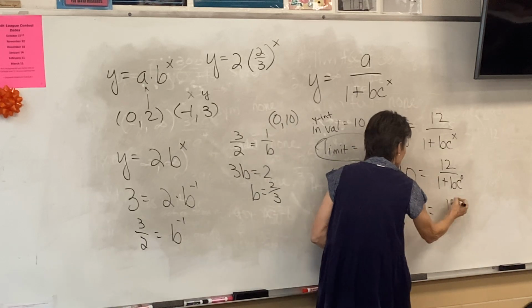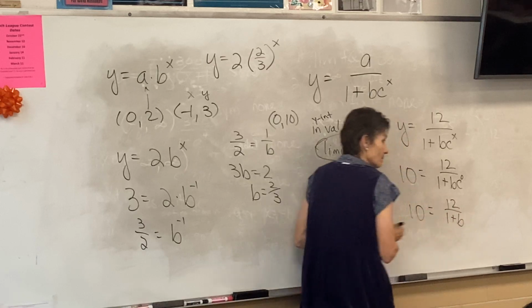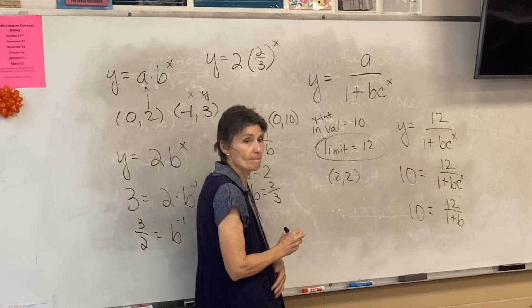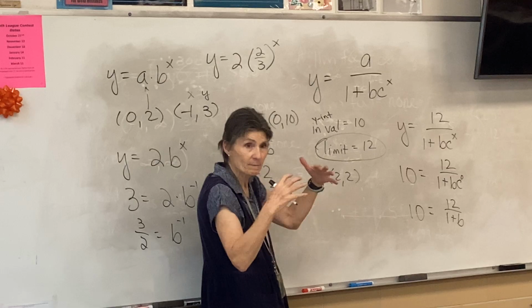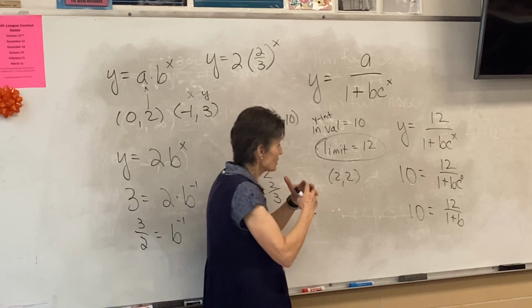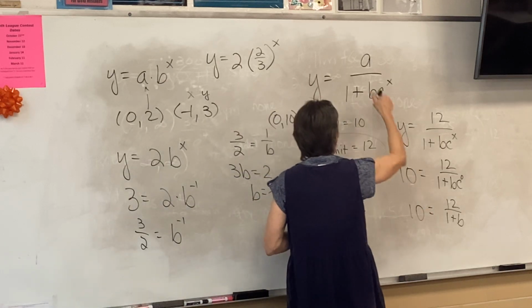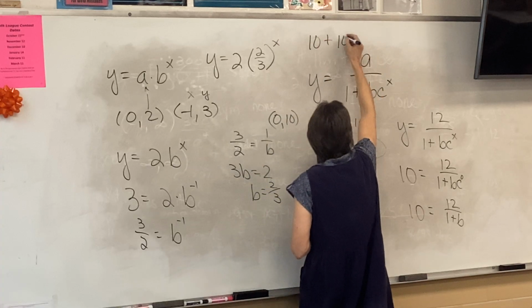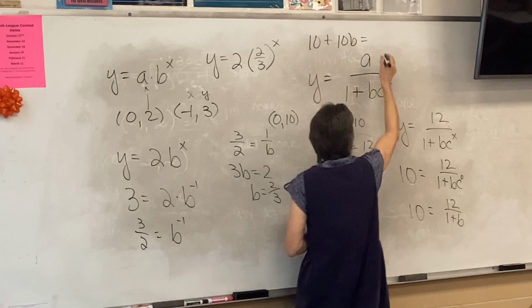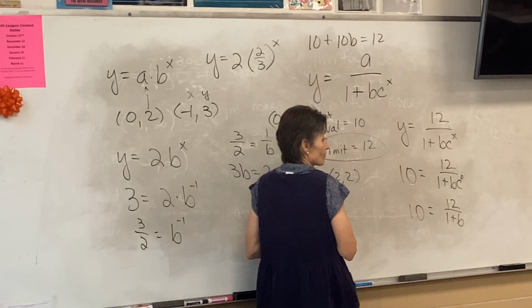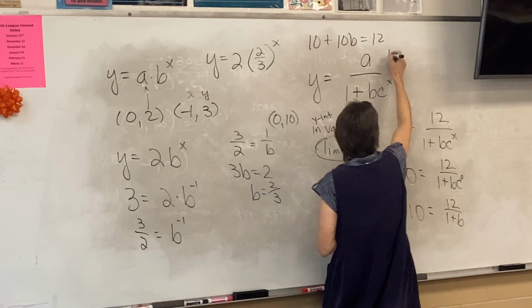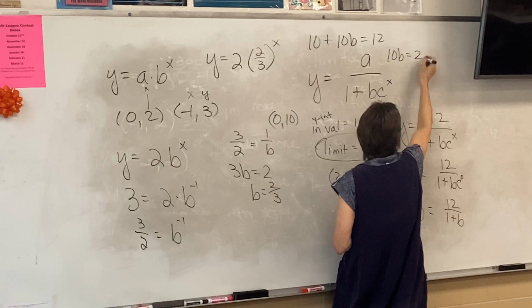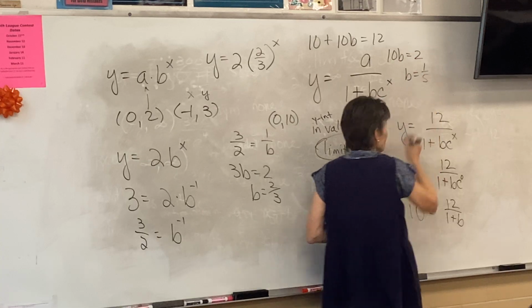So 10 equals 12 over 1 plus B. See how all the pieces fall into place? So now we'll multiply over. So 10 plus 10B equals 12. So 10B equals 2 and B equals 1/5.